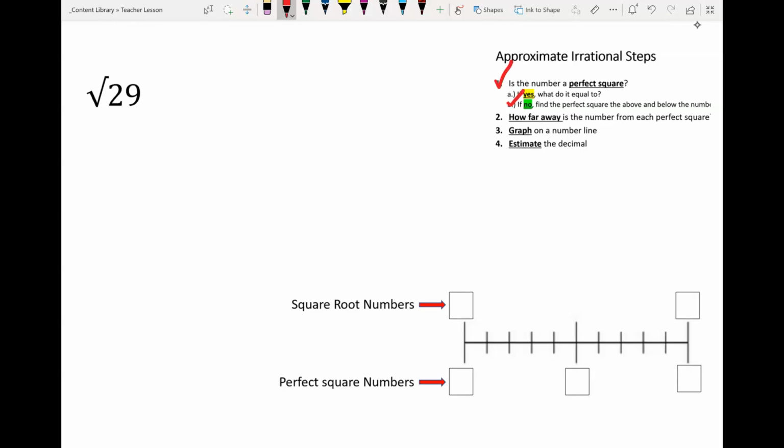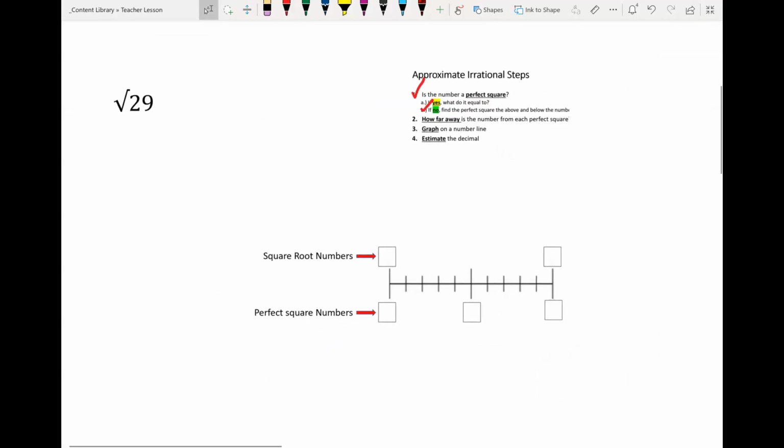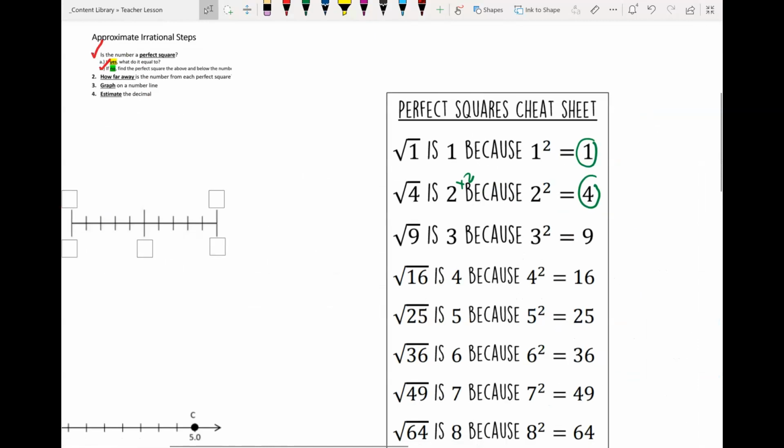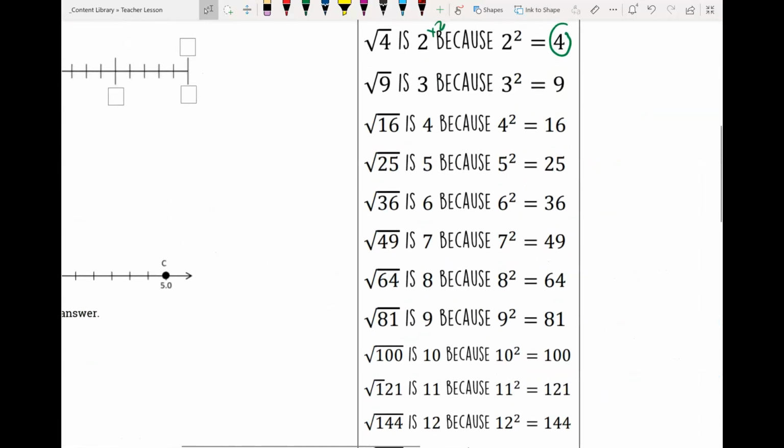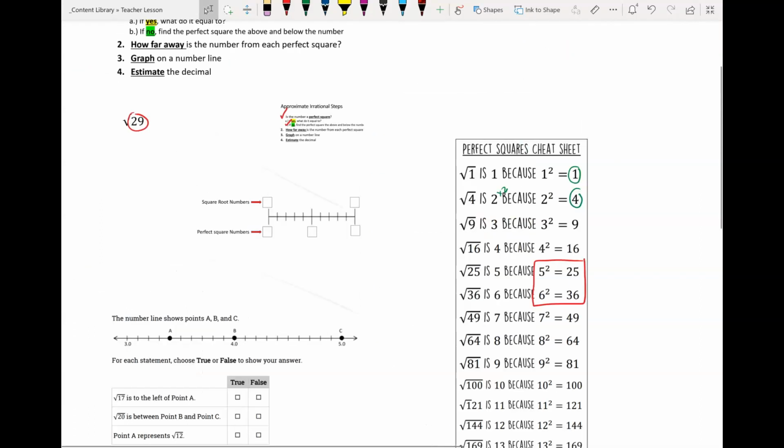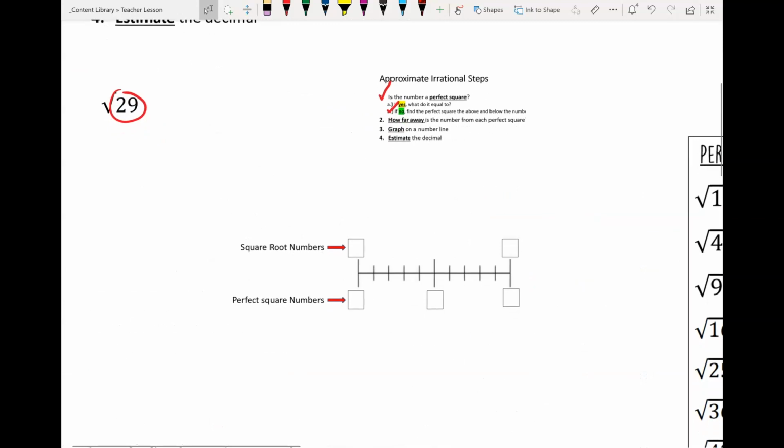Since it's not a perfect square, I'm going to go to my cheat sheet and look: 29 is between which perfect squares? If you look at it, 29 is between the square root of 25 and the square root of 36.